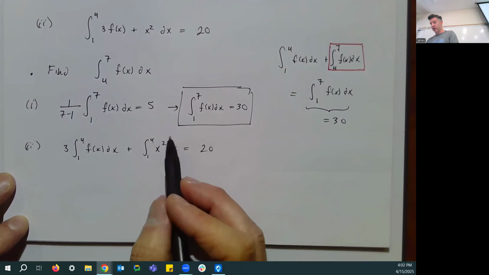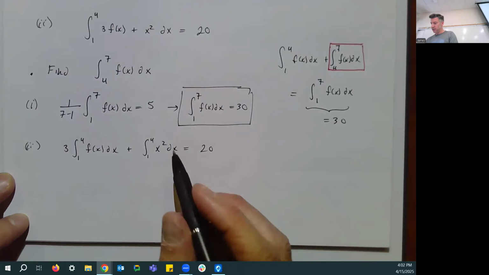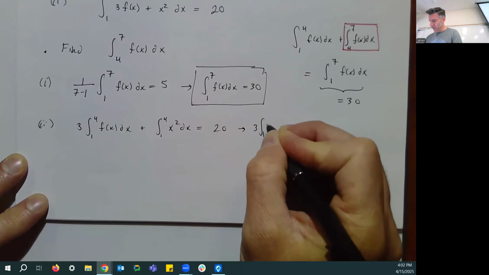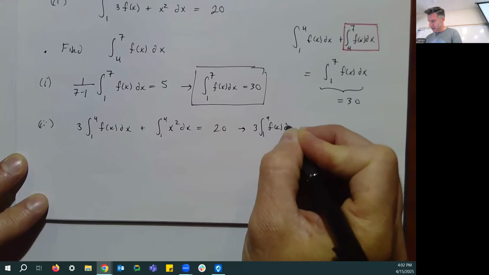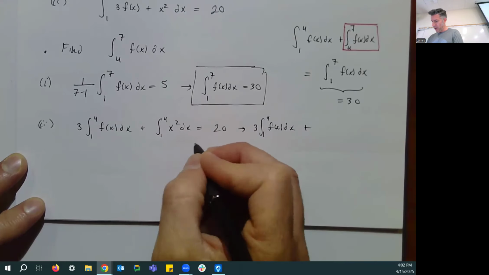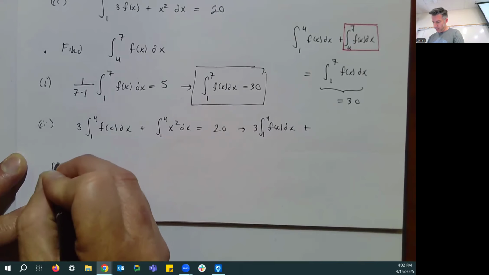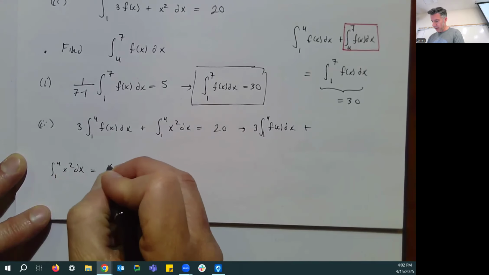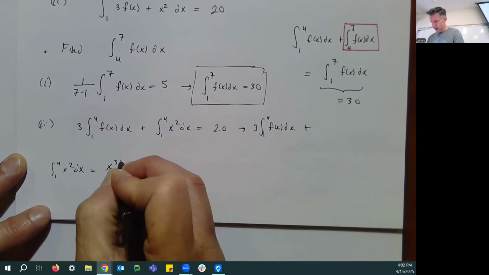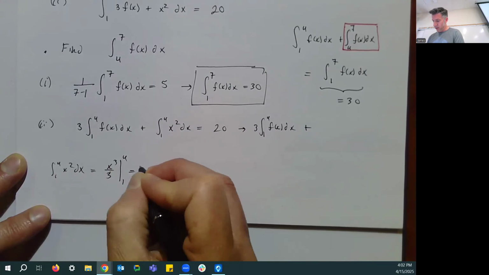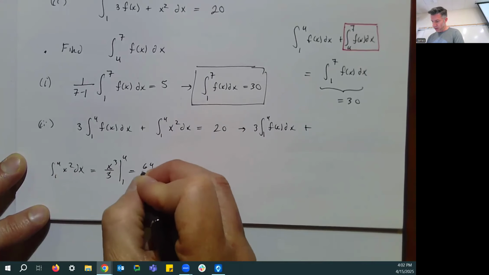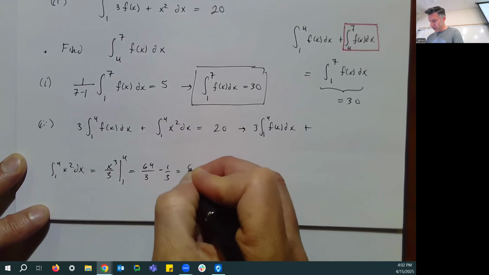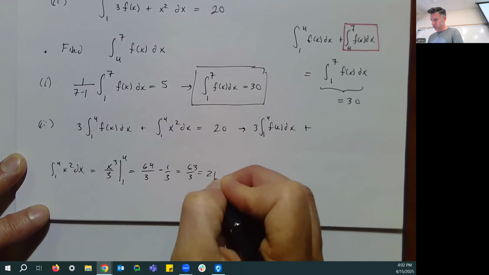I can anti-differentiate that second part. The integral from 1 to 4 of x squared dx is equal to x cubed over 3, evaluated from 1 to 4. 4 cubed is 64 divided by 3, minus 1 cubed is 1 divided by 3, which is 63 over 3, which is 21.